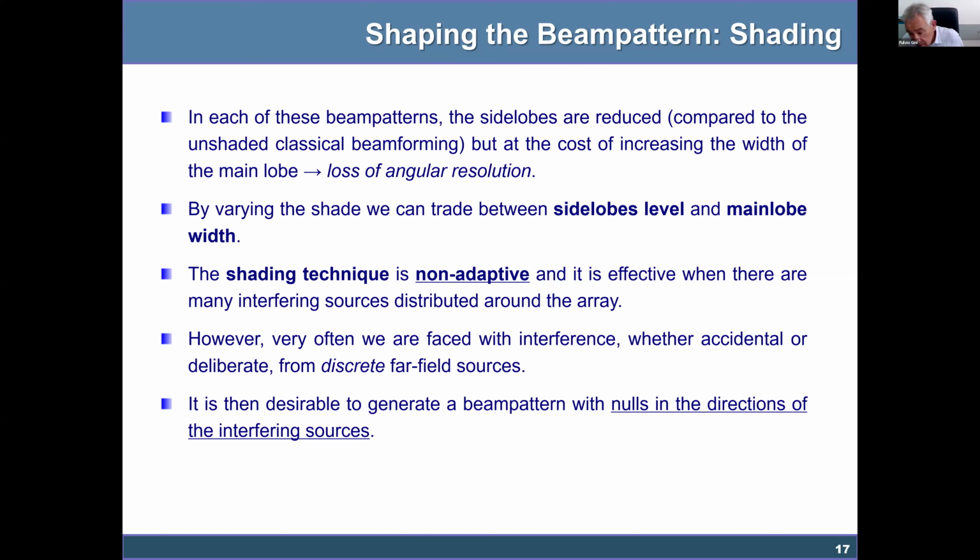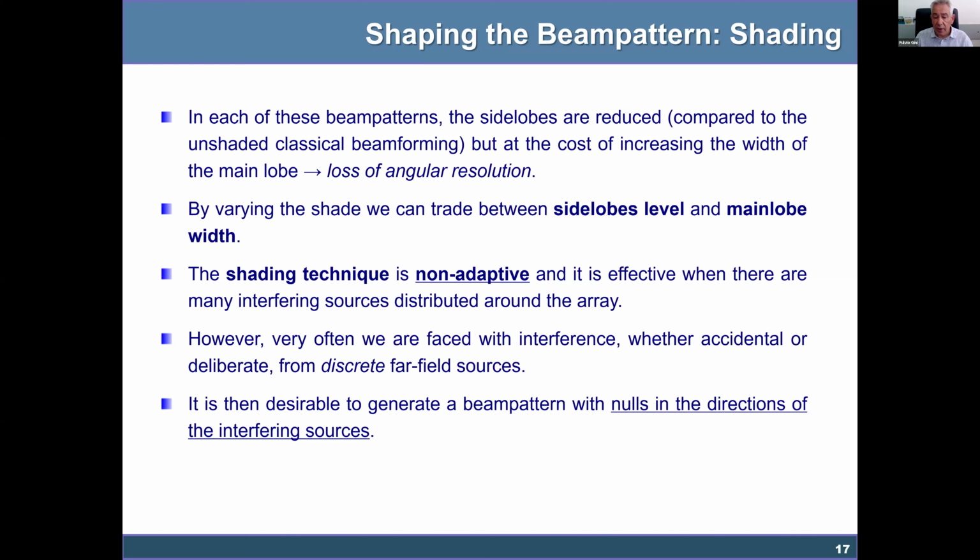Now, sometimes there are cases where you know the directional arrival of the interference because you built your system and you know that from that angle there is a transmitter that creates interference.